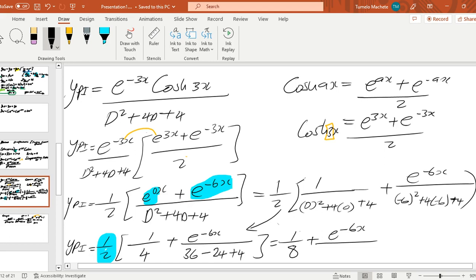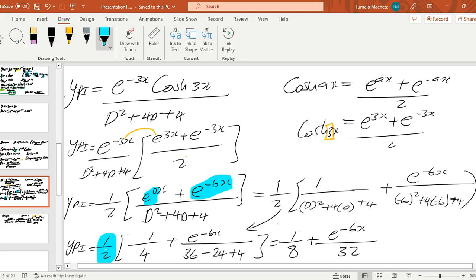So 4 minus 24, you'll get minus 20. Then you're going to say 36 minus 20, you'll get 16. And then 16 times 2, you're going to get 32.